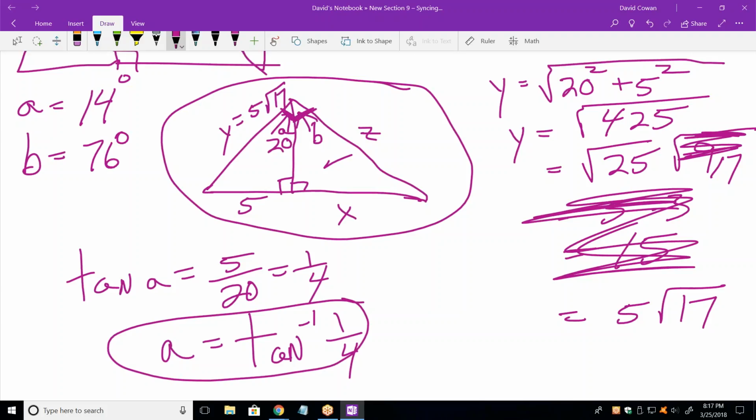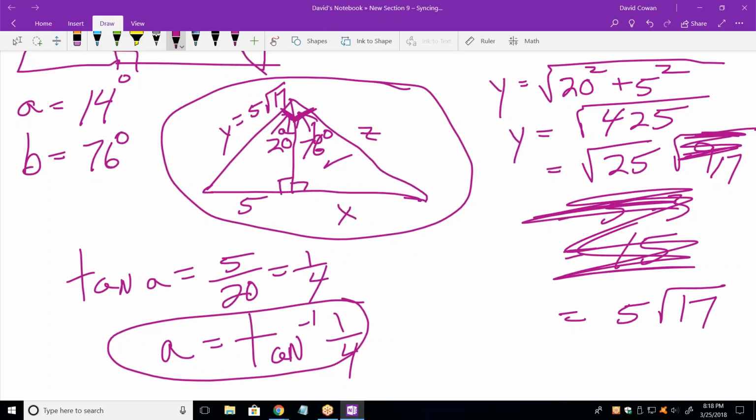Now, give me an equation, that's 76 degrees, that allows me to solve for x. When you come up with an equation, always start with your trig function.